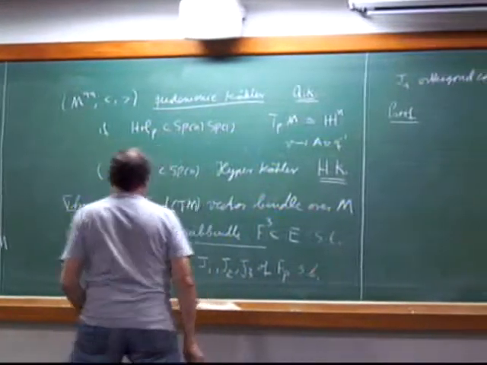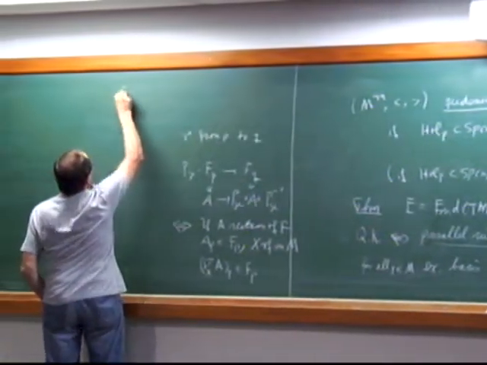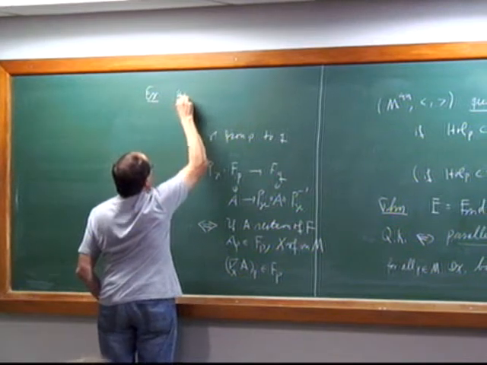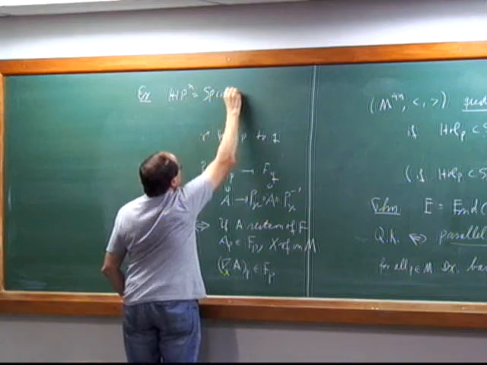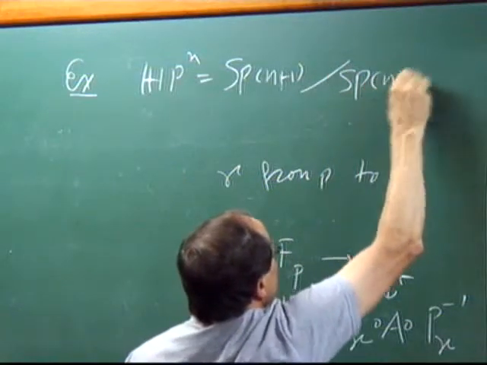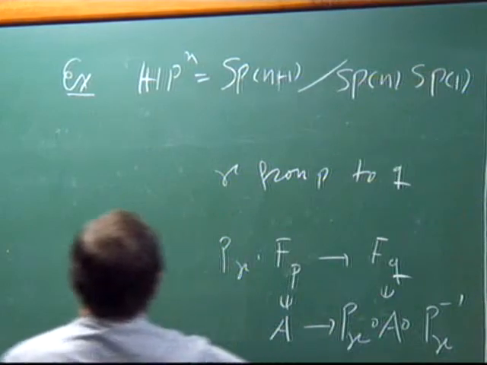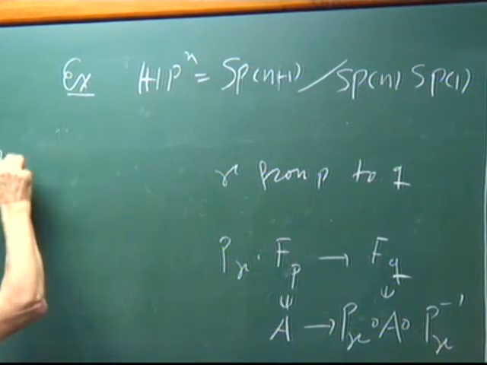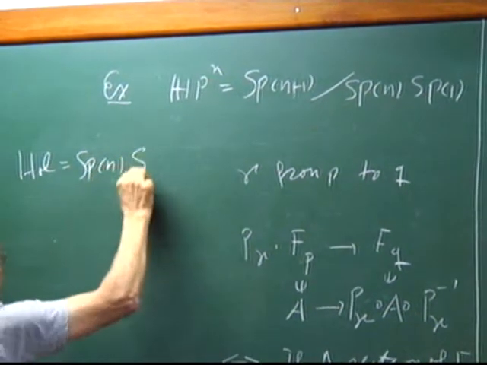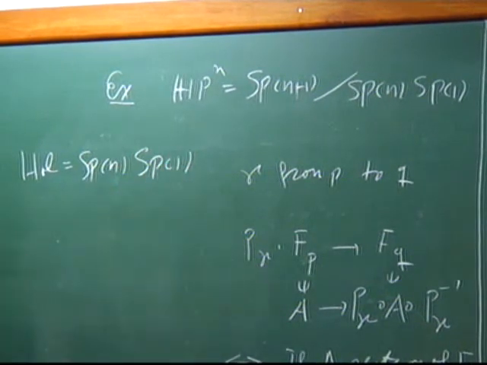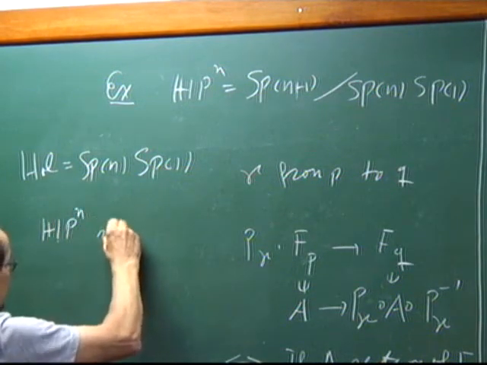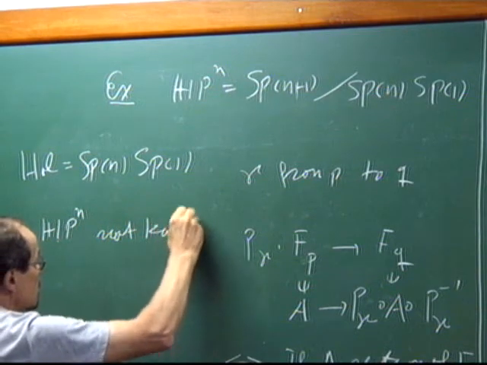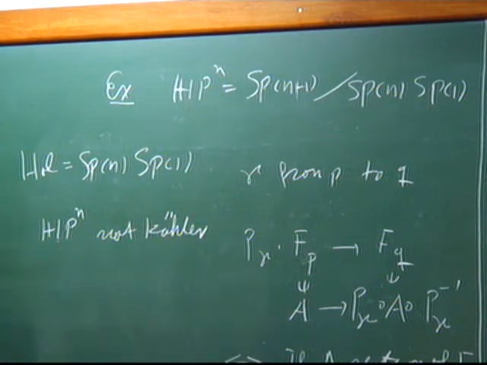Maybe the simplest example, which I mentioned last time already, was HP^n, which is Sp(n+1) divided by Sp(n)Sp(1). It's a symmetric space, so the holonomy group is all of Sp(n)Sp(1). So it's the most extreme case of being quaternionic Kähler, and HP^n is not Ricci flat, certainly, because H^2 is 0.